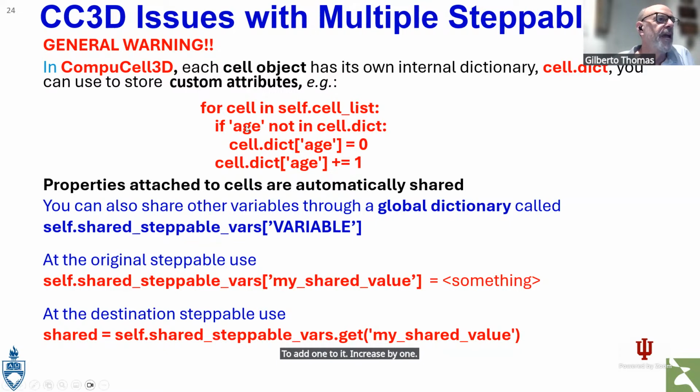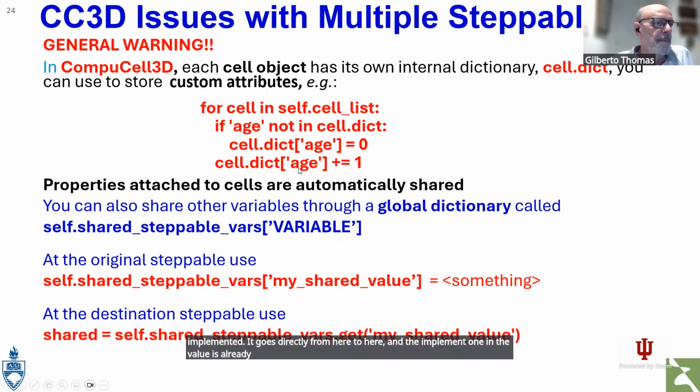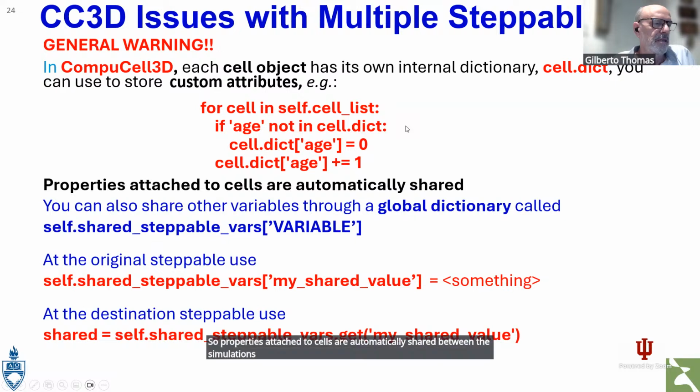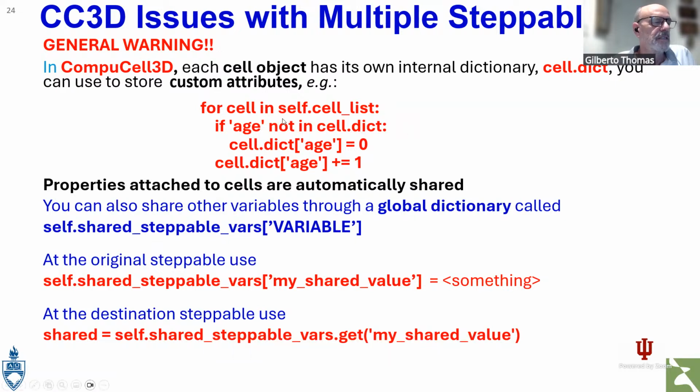See, if age is already in the dictionary of the cell, this second line is not executed. It goes directly from here to here, and adds 1 to the value. It is already there. So properties attached to cells are automatically shared between the steppables. This is a very important thing to have in mind when using a dictionary.